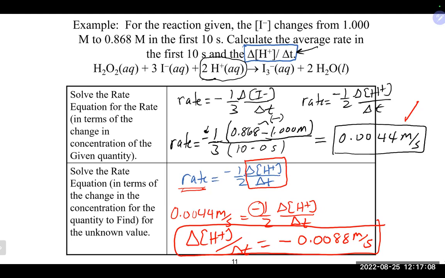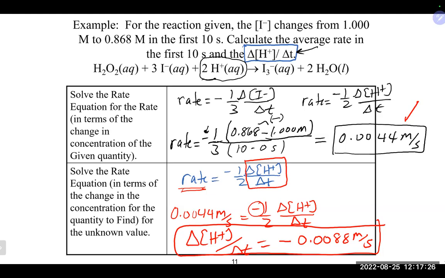As opposed to overall, and you can see here overall, right now it is doing about twice as much change as everybody overall, right? Everybody overall is changing 0.0044 molarity per second. H plus is changing at about 0.0088, right?